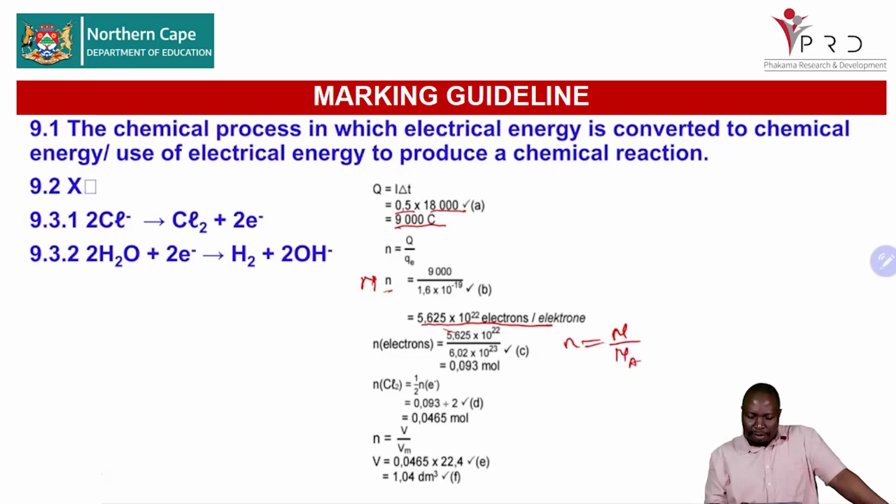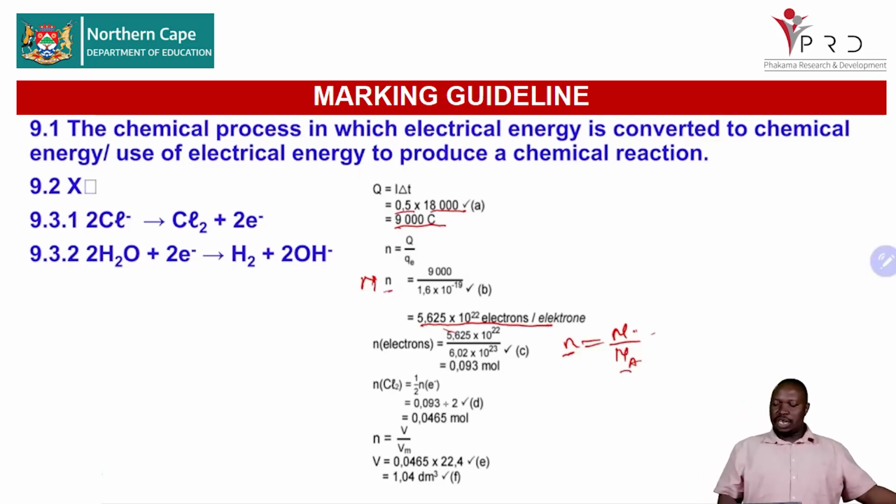In this case the number of electrons, which is 5.625 times 10 to the power of 22, divided by Avogadro's number, gives you 0.093 moles.